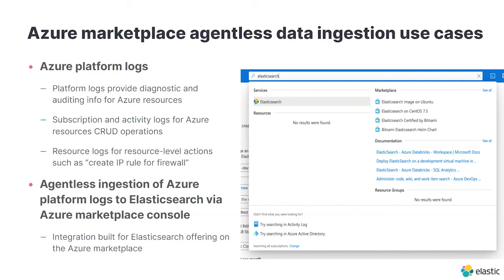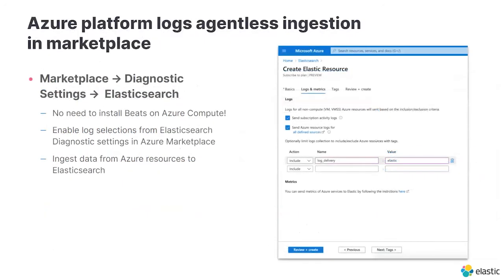So this is a screenshot of it. You go to Marketplace, once you procure Elasticsearch service, or you may already have it, just go to the diagnostic settings, put in a few parameters, and you're good to go. So you don't need to install Beats on Azure Compute.